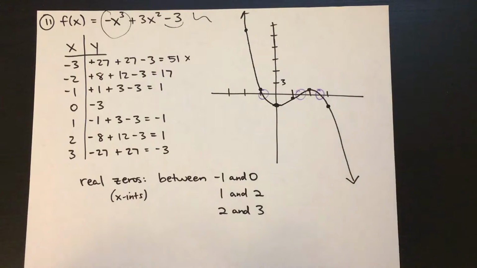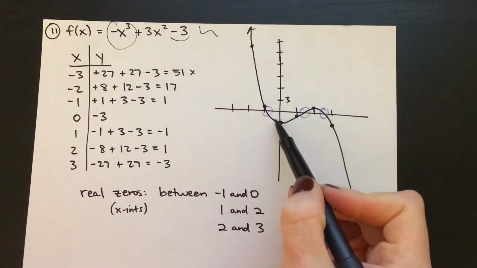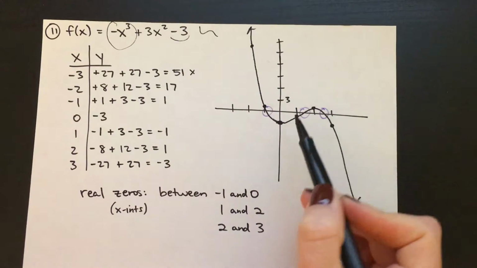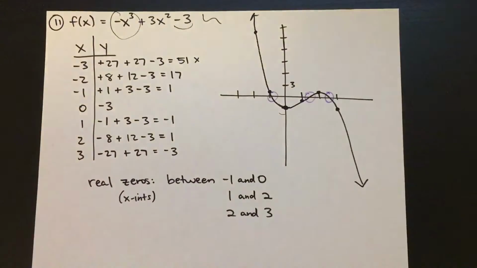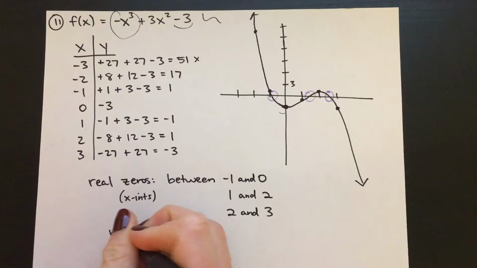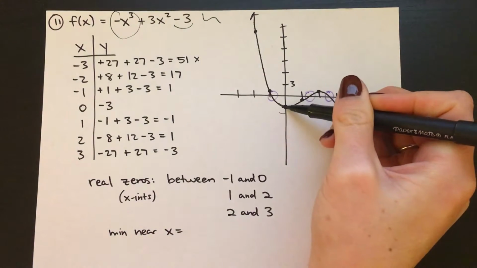And the third part you had to answer with number 11 was estimate the x coordinates. That's super important. Make sure you're actually answering x coordinates at which the relative maxima and relative minima occur. So relative maxes and mins are kind of these turning points. So here, the graph is going down, and right here it turns around and starts going up. So this point down here, we call that a relative minimum. It's a turning point. So we have a minimum near x equals 0.